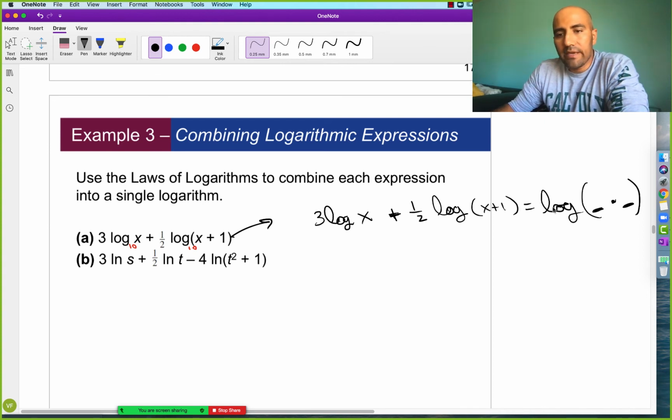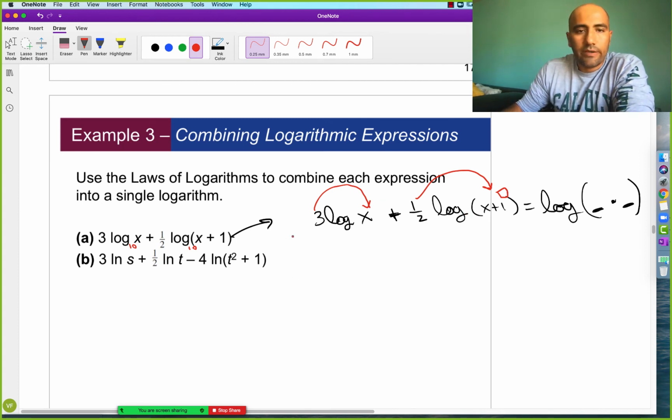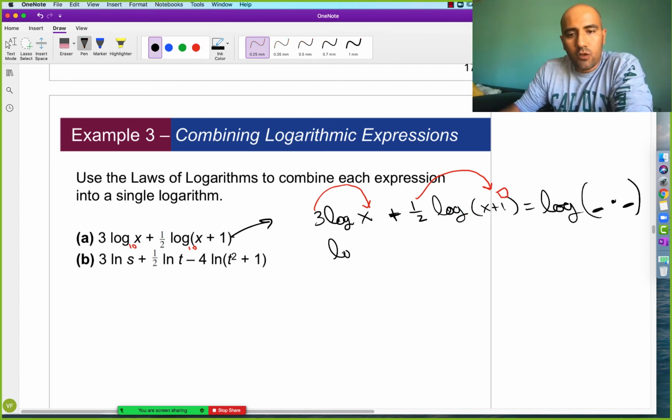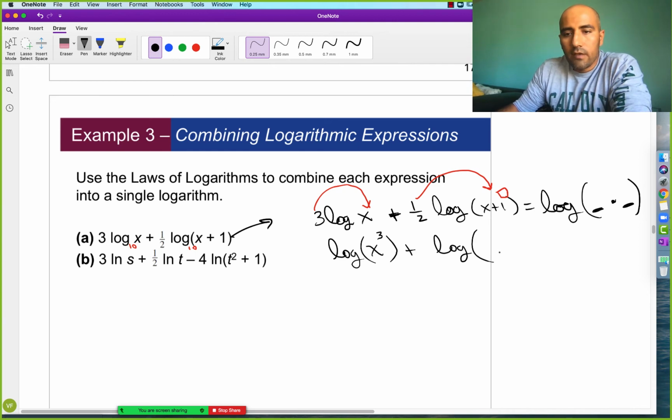So before you jump into this, we're going to have to rewrite this without those coefficients out in front. And we do that by using property 3. We're going to take these guys and move them into the exponent. Good? So we're going to first rewrite this as log of x to the 3rd power plus log of, and now you have to be careful because it's the entire thing raised to the 1/2 power, not just the x, but x plus 1 raised to the power of 1/2.